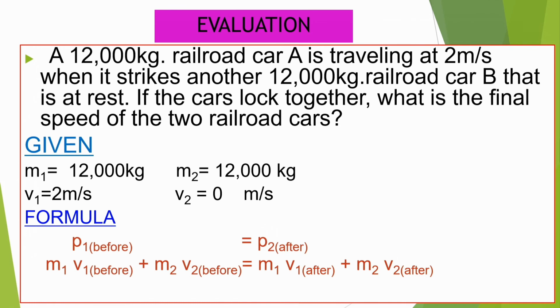So this is our formula. We have the mass and velocity before collision of the first car plus the mass and velocity of the second railroad car before collision, equal to the mass and velocity after collision of railroad car A plus the mass and velocity after collision of railroad car B.